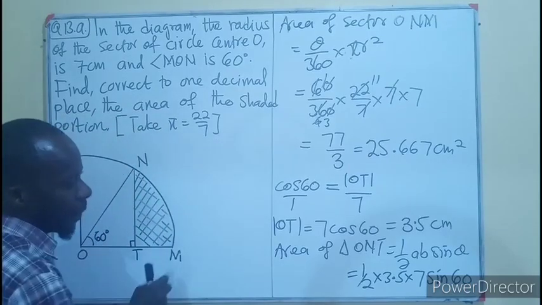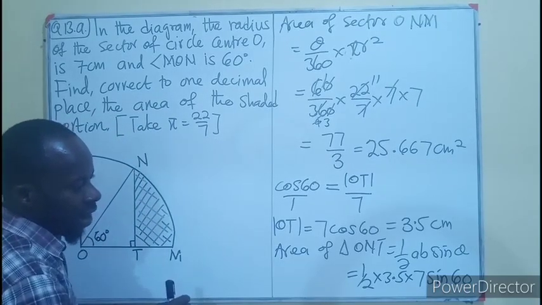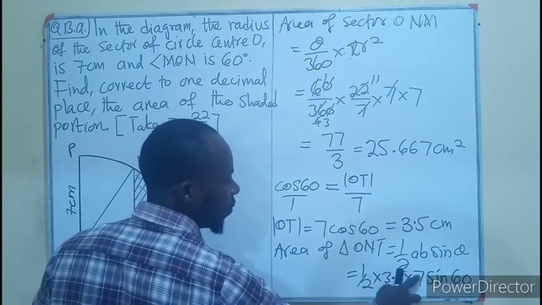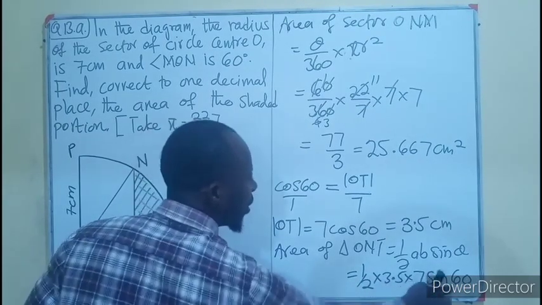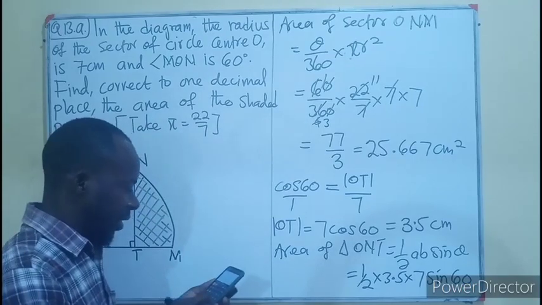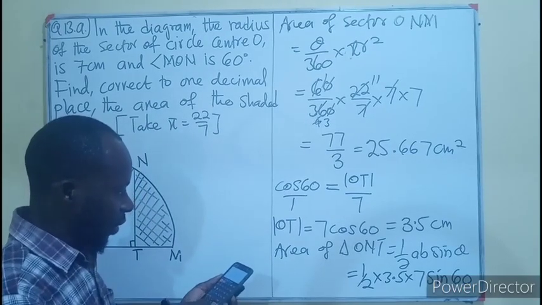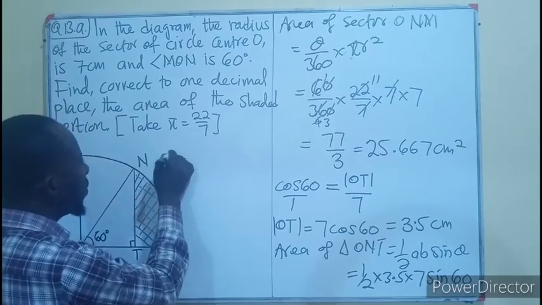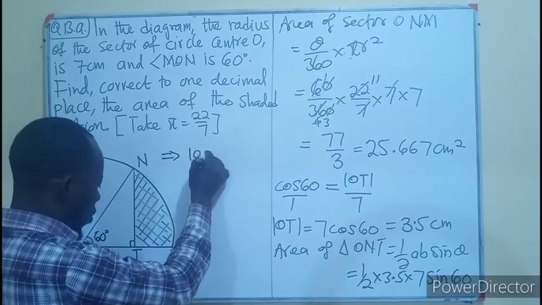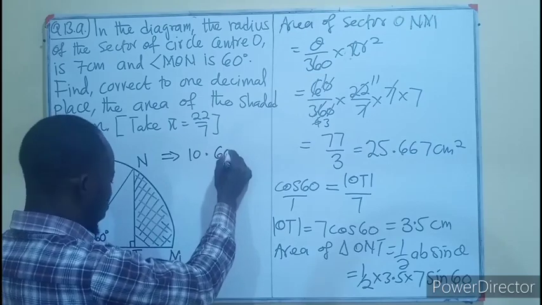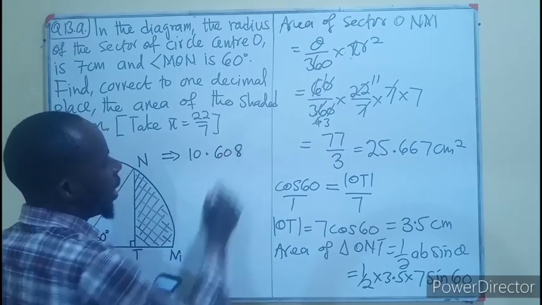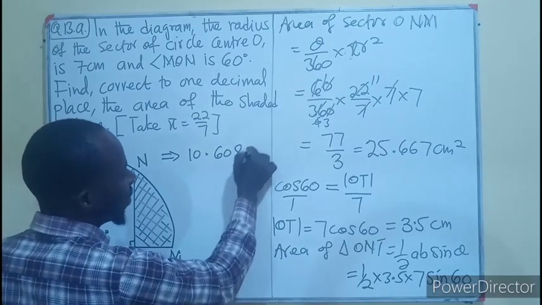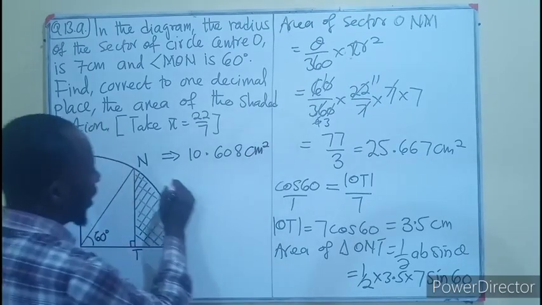So this is going to be 7 over 2, times 7, that is 49 over 4, times sine 60. And that gives us 10.608. In this case, that will also be centimeter squared.